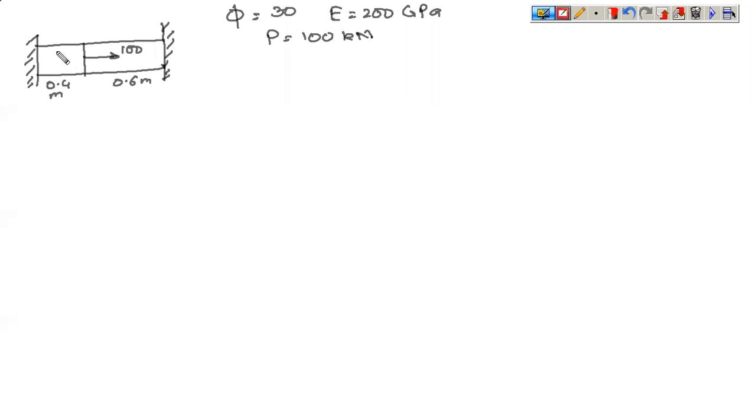Now, if you look at this problem, this is a bar which has been clamped from both the ends, and you have a 100 kilonewton force being applied here. Okay. Now let us say this is AB and BC. The problem is to find the stress in member AB.